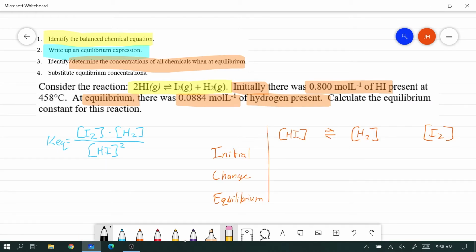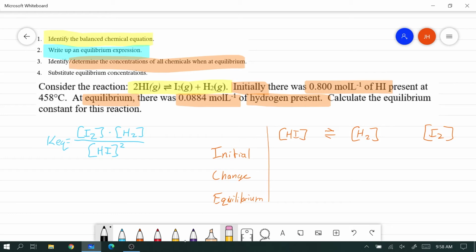So to be able to do step number 3 to determine the concentration of all chemicals at equilibrium, we need to draw up this thing called an ICE table, which I've started to do here. And what the ICE table will do will track the concentrations from the beginning of when the system was formed to the end when it reaches equilibrium.